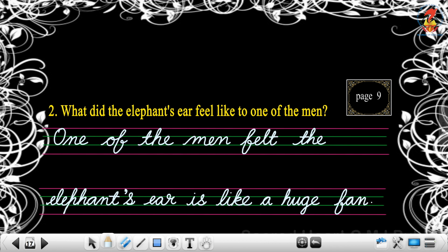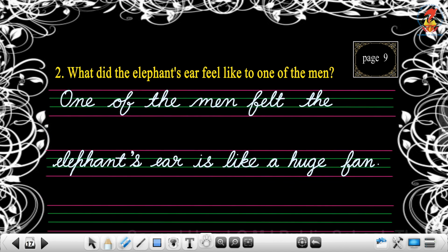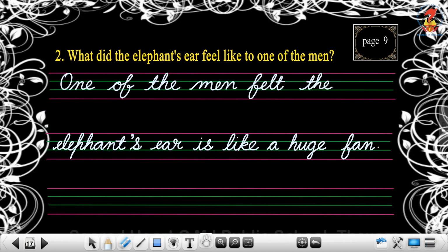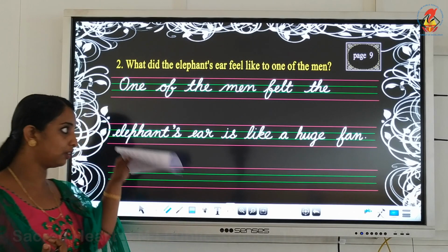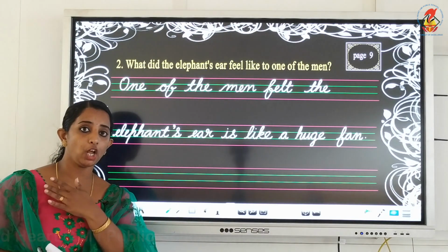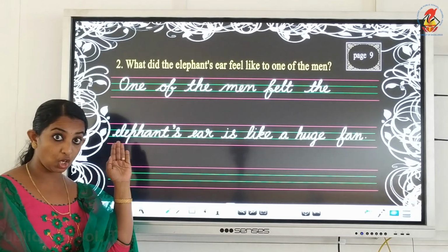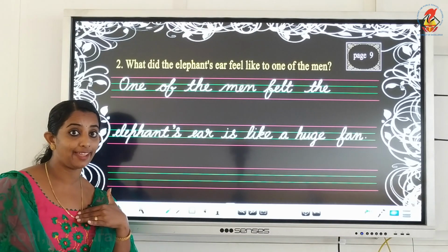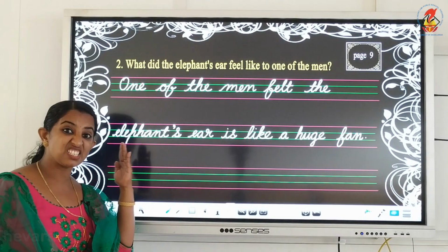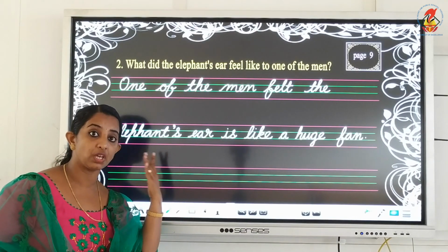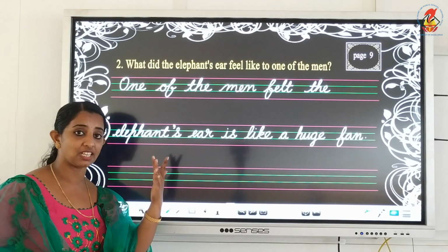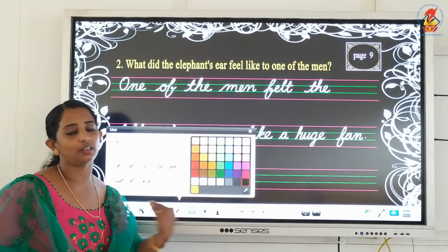F-A-N, fan, full stop. So children, see, I was able to adjust my answer in the first two lines. If you are not able to, you can use the third line also. Do not adjust your answer in two lines only because I have adjusted. You have to adjust the space between your words. You are writing with a pencil, so you have to adjust accordingly, and you can use the third line also, okay.